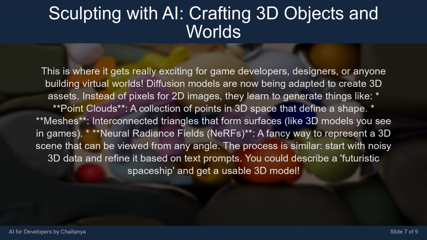This is where it gets really exciting for game developers, designers, or anyone building virtual worlds. Diffusion models are now being adapted to create 3D assets. Instead of pixels for 2D images, they learn to generate things like point clouds, a collection of points in 3D space that define a shape, meshes, interconnected triangles that form surfaces, like 3D models you see in games, neural radiance fields, NeRFs, a fancy way to represent a 3D scene that can be viewed from any angle.